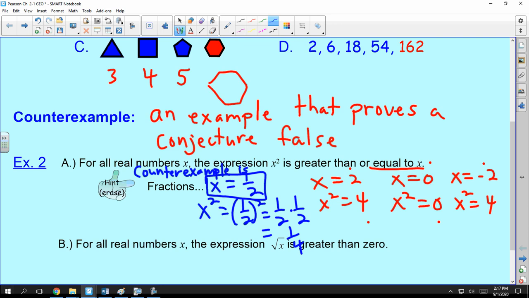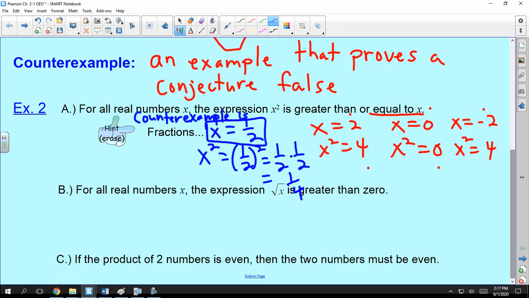Okay. Here's another statement. It says for all real numbers x, the expression square root of x is greater than 0. So for any real number, square root of x is greater than 0. Oh, okay. Yeah, that works if I use like square root of 4 is 2. So for positive numbers, seems like it'll work. What if I ask for square root of, say, something like 0?